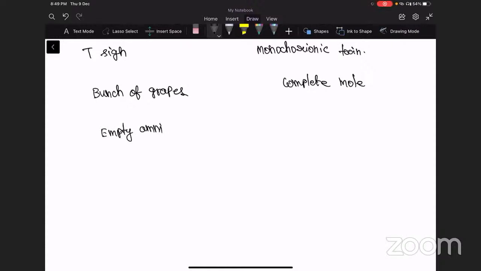Empty amnion sign is visualization of the amniotic sac without any concomitant visualization of the embryo, and it is the indicator of pregnancy failure.